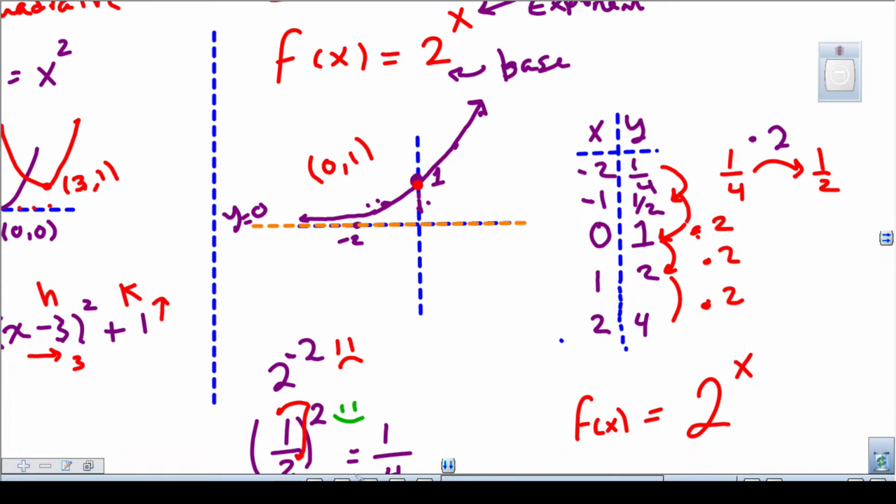What's the base? Maybe I could put a different color here. So this 2, this 2, this 2 here is the base for your function. Okay, and you graph it, and as we said, this exponential growth goes up like that.